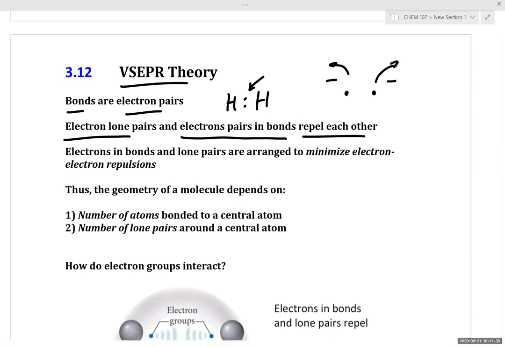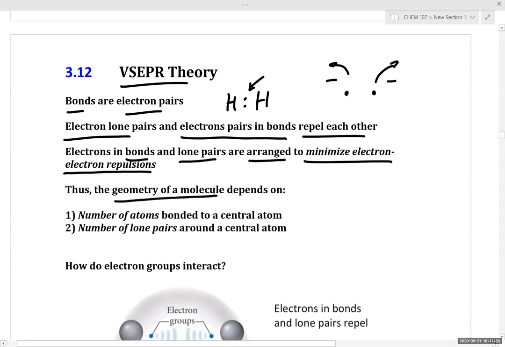As a result, electrons in bonds and lone pairs are arranged to minimize electron-electron repulsions. So we want to place my bonding electrons and my lone pair electrons as far away from each other as possible. Thus, the geometry of a molecule depends on the number of atoms bonded to the central atom and the number of lone pairs around the central atom.